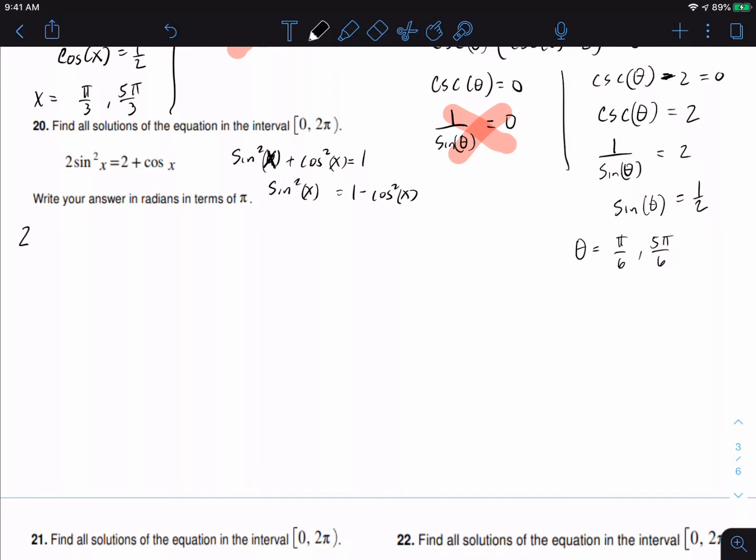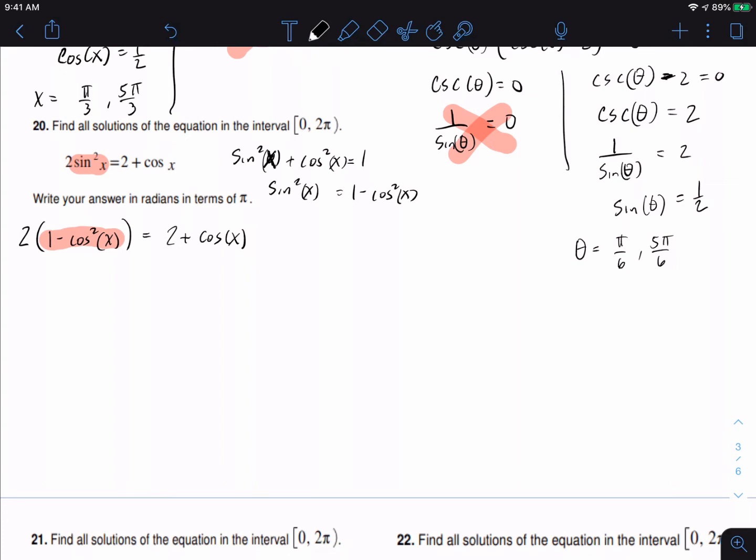So I'm going to rewrite this thing in terms of that. So I'm going to go 2 times 1 minus cosine squared of x is equal to 2 plus cosine of x. Do you guys all follow that? This really is sine squared. Do you guys agree with that? Okay, cool. Just making sure you guys agree with that.